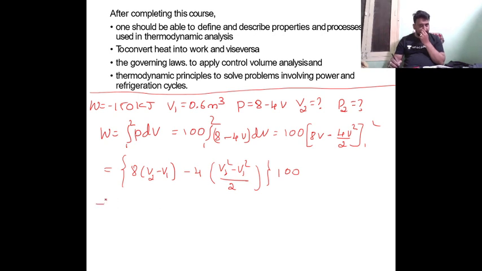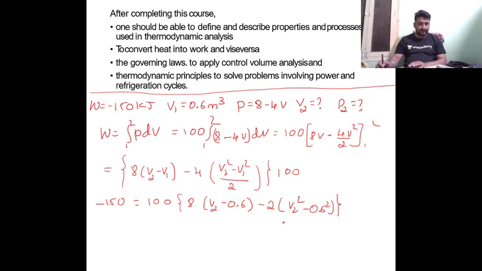So minus 150 equals 100 into 8(V2 minus 0.6) minus 2(V2 square minus 0.6 square).